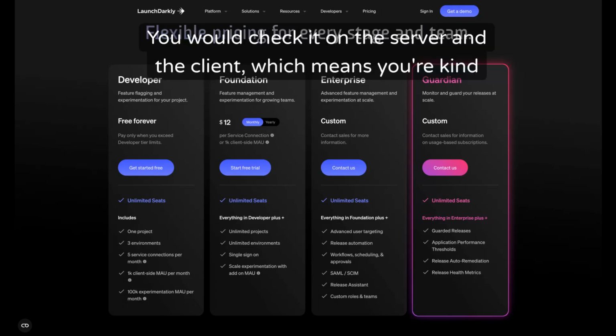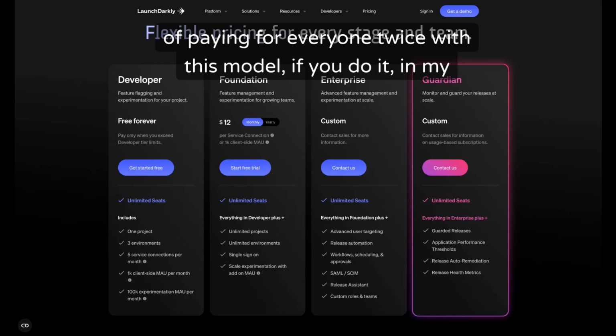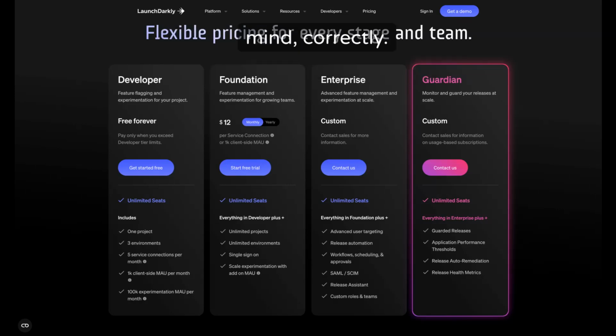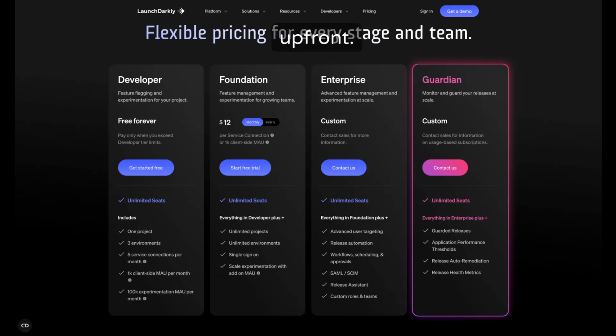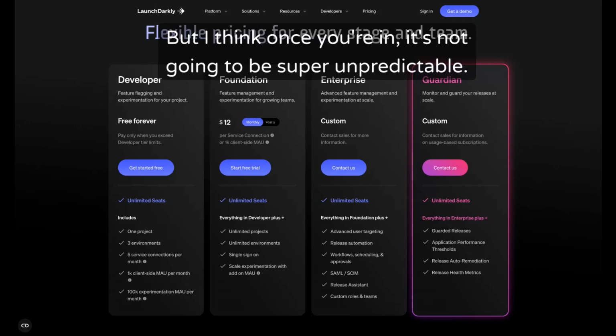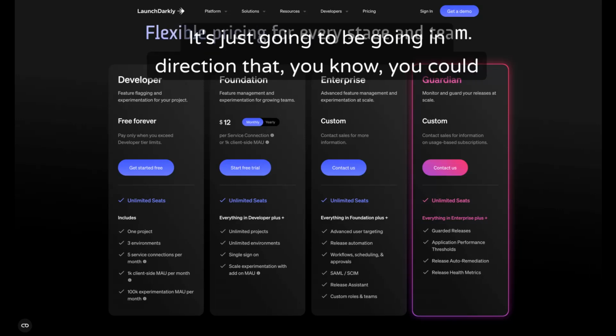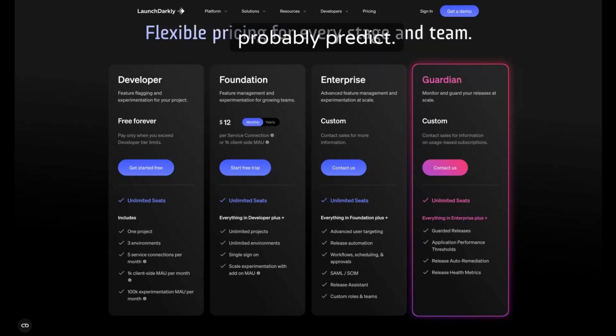You would check it on the server and the client, which means you're kind of paying for everyone twice with this model if you do it, in my mind, correctly. So things like that could really trip you up if you're trying to model up front. But I think once you're in, it's not going to be super unpredictable. It's just going to be going in a direction that you can probably predict.